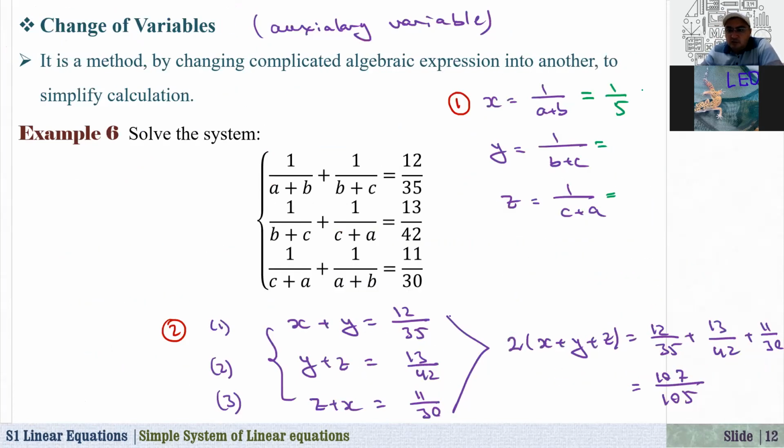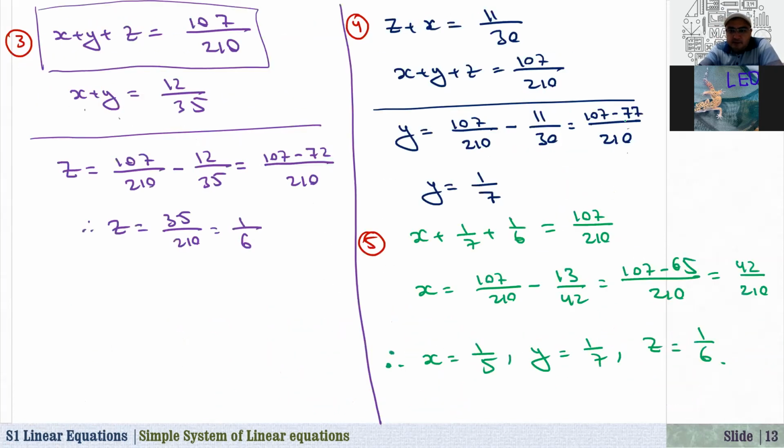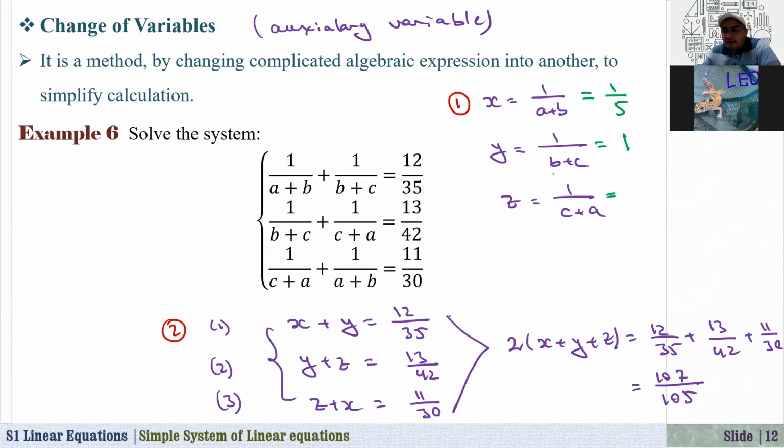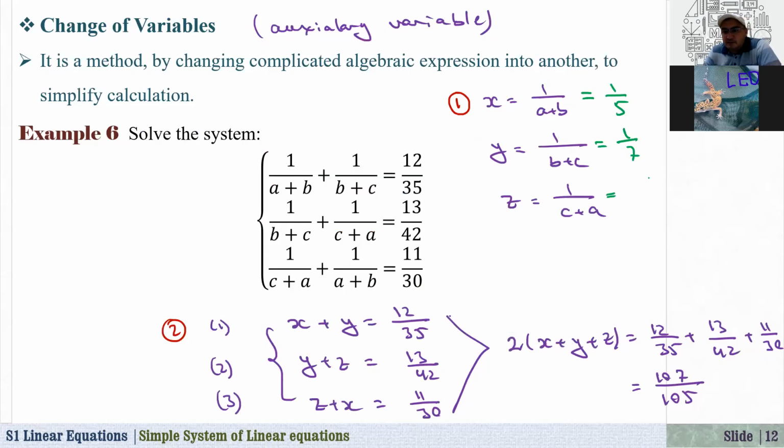And y is equal to 1 over 7. And z is equal to 1 over 6. Okay.